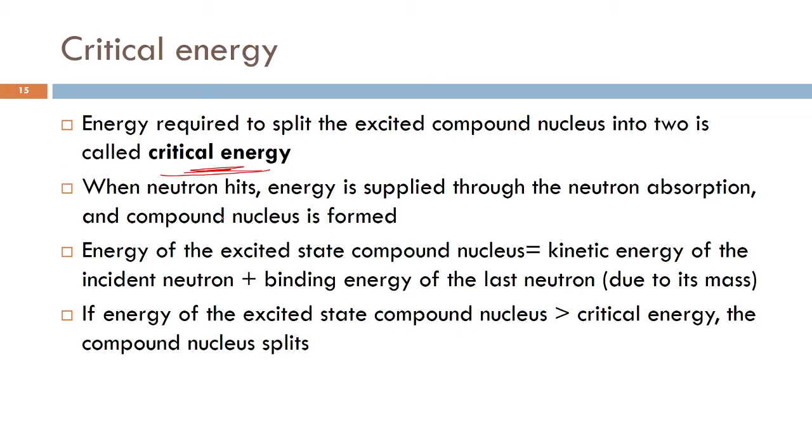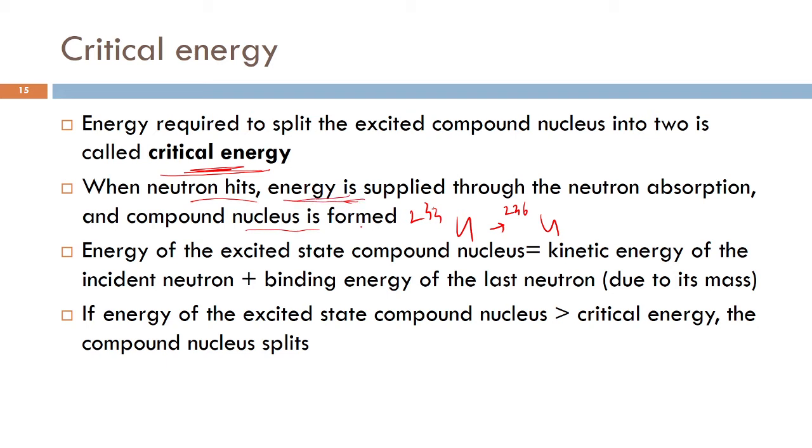When a proton hits, the proton carries energy as well as its own mass. Its own mass changes the uranium 235 to uranium 236. So it carries its own mass as well as some energy.